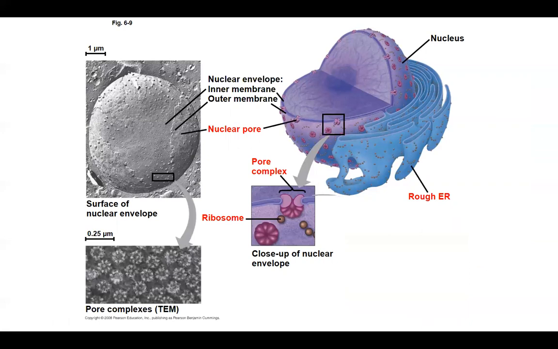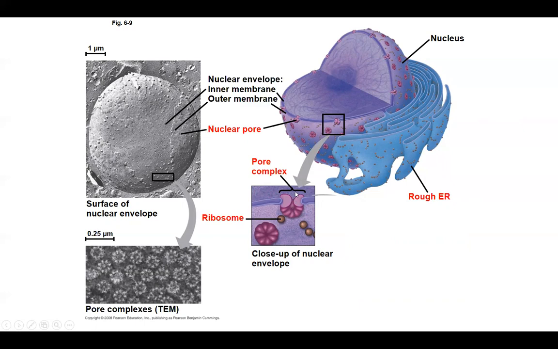You may have noticed that this lunar-looking surface has a lot of dots in it. We've got a lot of little purple structures here, and this is the nuclear pore, exactly what it sounds like. It's a protein-lined structure that allows for an opening where things can pass in and out of the nucleus.